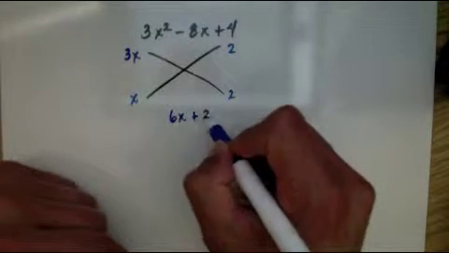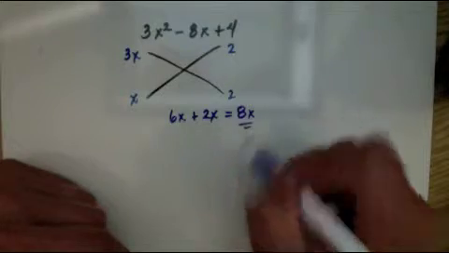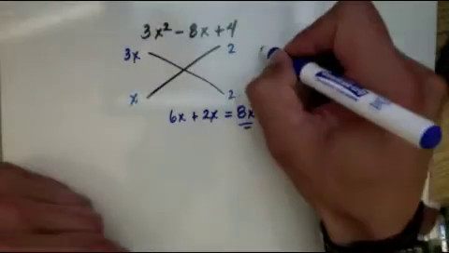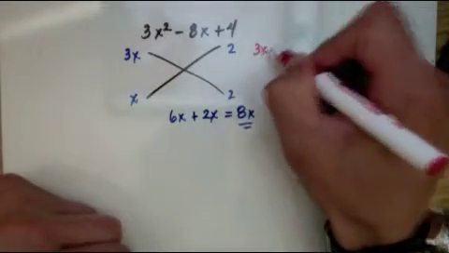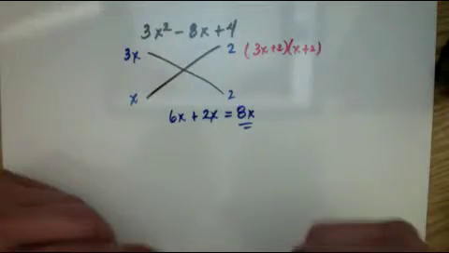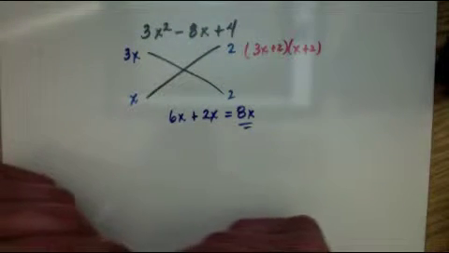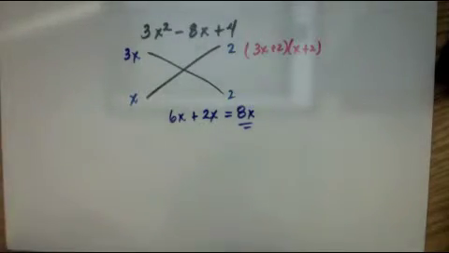X times 2 is 2x. And when we combine, it gives me the 8x that I want. So my factors are going to be 3x plus 2 and x plus 2. And same thing, if you want to find the solutions, you set them equal to 0.